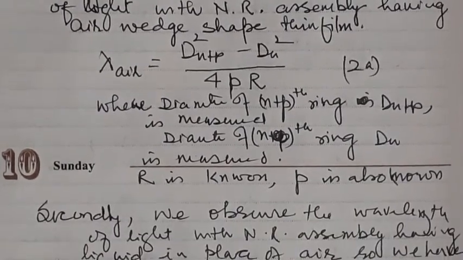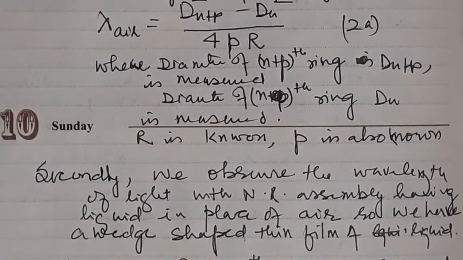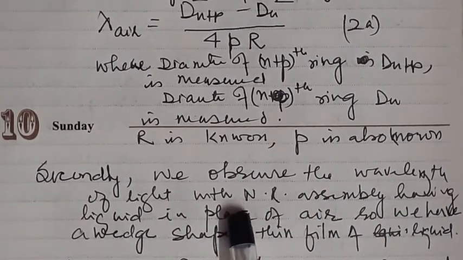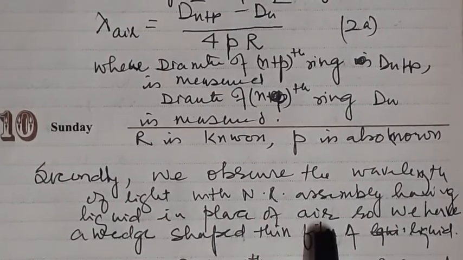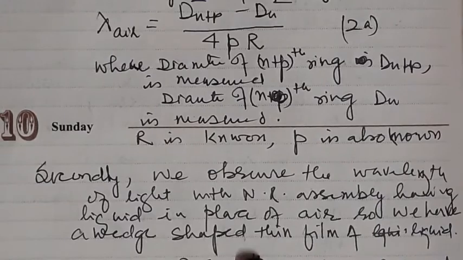So you can see how we perform this experiment. We observe the wavelength of the light with the Newton ring assembly having the liquid in place of the air.